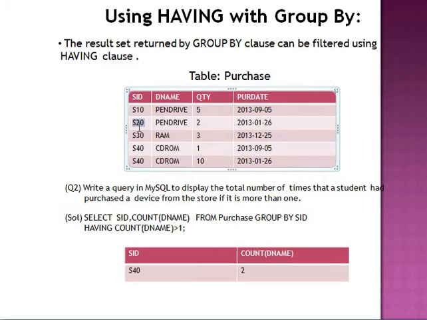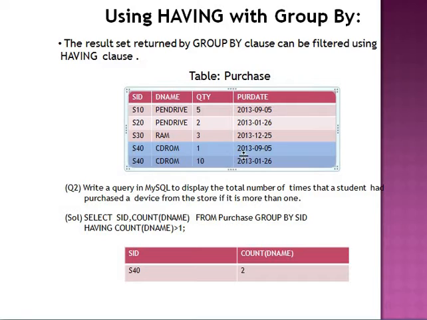Again, the student bearing the SID value as S20 has also purchased the device pen drive, and he has purchased 2 quantities of this device pen drive, but only once, that is on this particular date. Similarly, the student bearing the SID value as S30 has purchased the device RAM, and he has purchased 3 quantities of this device RAM only once, that is on this particular date.